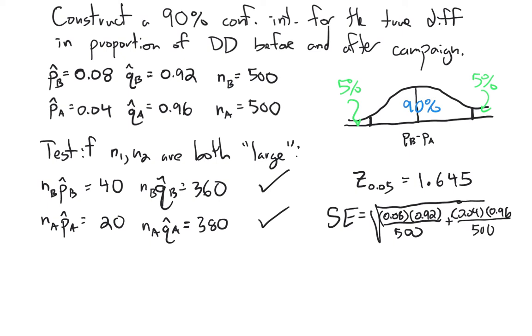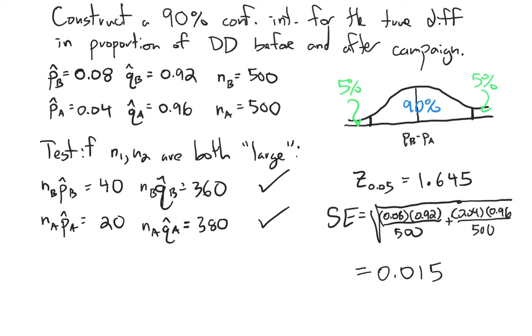And we're going to take the square root of all of that. And so if you do that, you should get a standard error of 0.015. Let's round to the thousandths place there. Great. So, in fact, that's all we need: our Z alpha and our standard error.